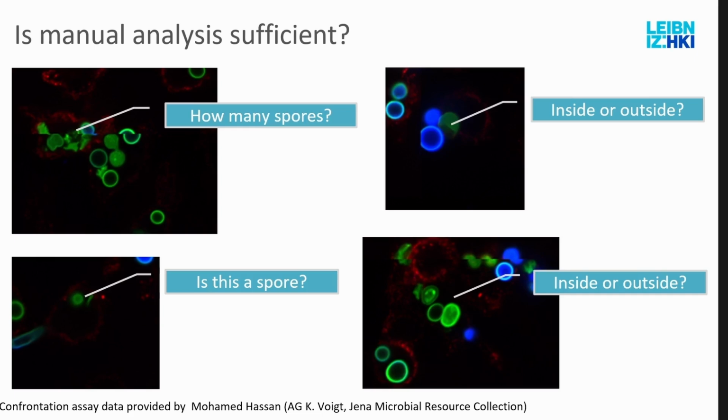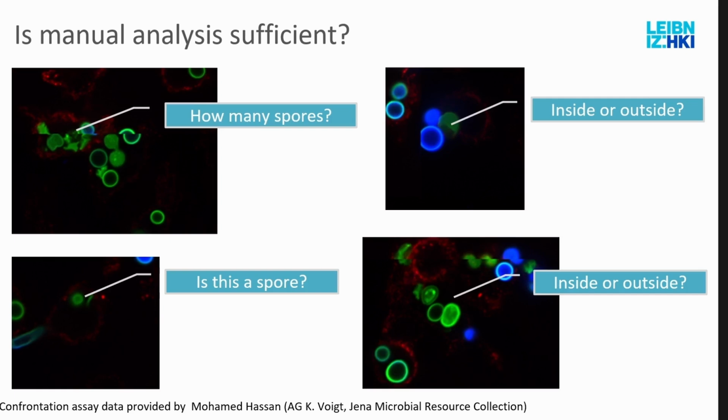For example, how many spores are those? It's directly at this tiling border. Do you count it, or do you exclude it? But then you maybe skew the statistics, you never know. Or you find structures that are ambiguous, whether they are really inside or outside, or is this even a spore?